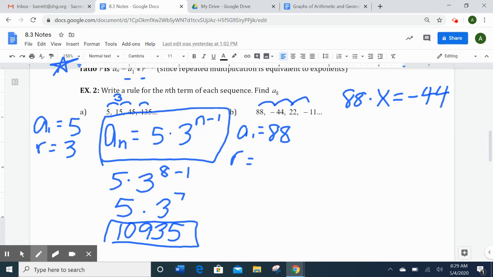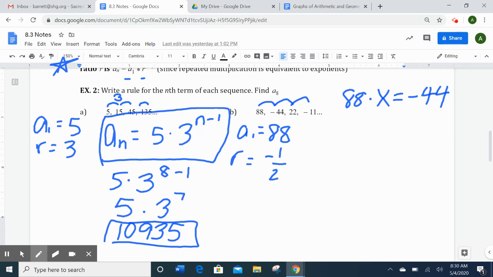You can certainly figure this out without having to set up a formula here, but I just want you to understand what we're asking for. So negative 44 over 88 simplifies to negative 0.5 or negative 1/2. And I personally don't care fraction or decimal as long as you don't have to round the decimal. But I would pay attention to what they want on IXL.